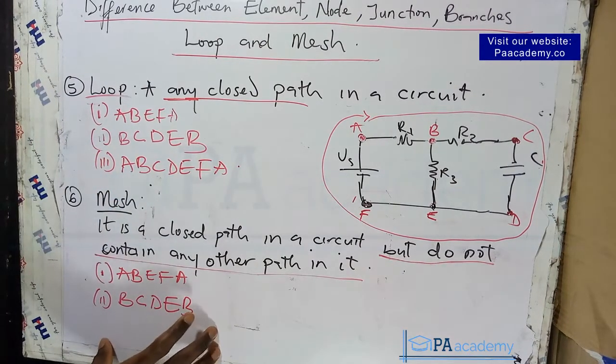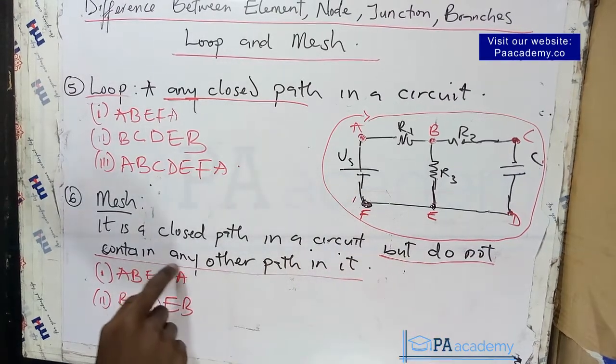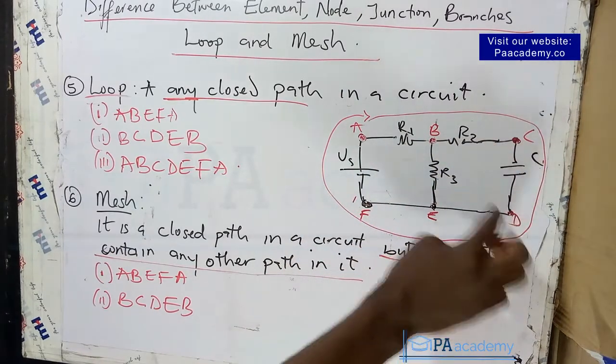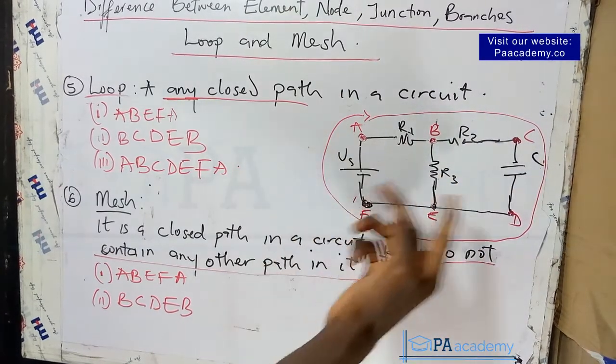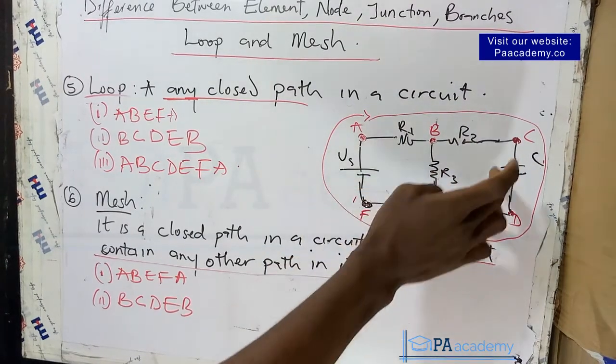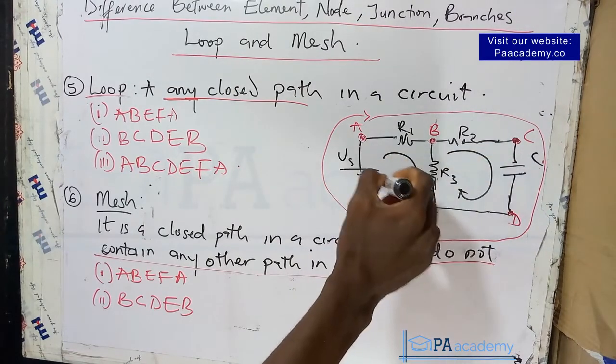When we are looking at a mesh, it is a closed path in a circuit, but does not contain any other path in it. So A, B, C, D, E, F, and back to A has 2 other paths within that circuit, one here and another one here.